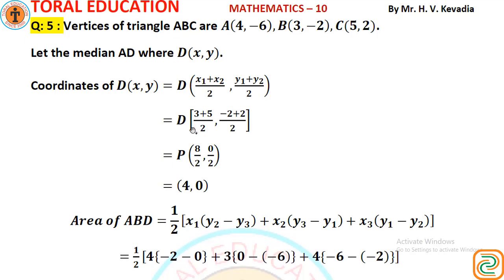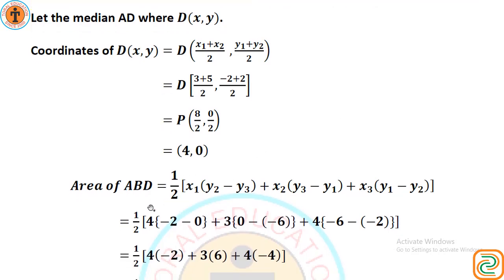Now we have two triangles, ABD and ACD. So first ABD. Area of ABD is half of x1 (y2 minus y3) plus x2 (y3 minus y1) plus x3 (y1 minus y2).